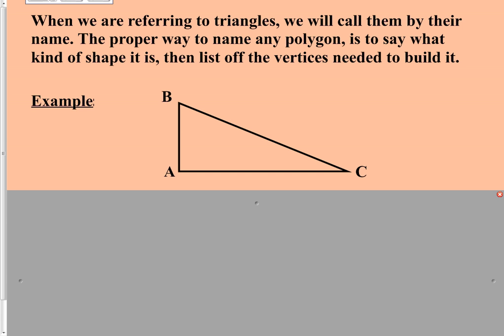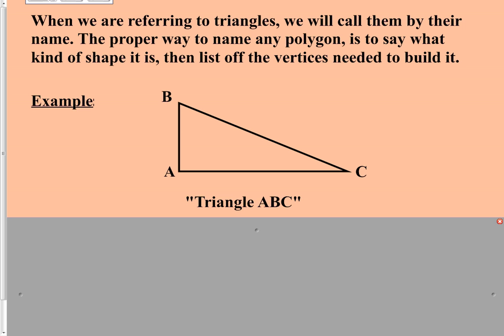We have obviously a three-sided polygon, so that would be a triangle. Our triangle has three vertices that mark its corner points. Our vertices for our polygons will always be capital letters, and we can name this polygon by naming what type of shape it is. It is a triangle, so we will announce the word triangle, and then we will list off the vertices that we have.